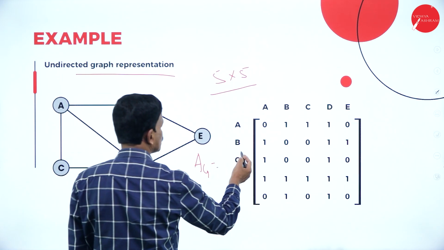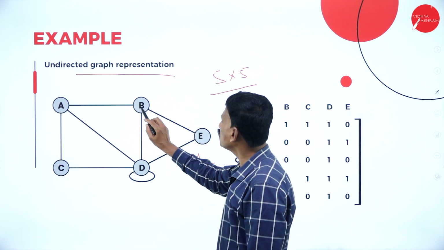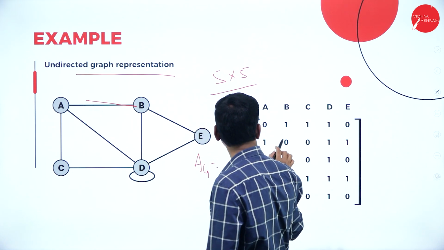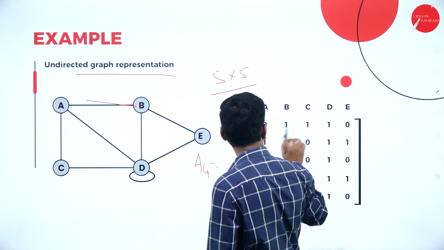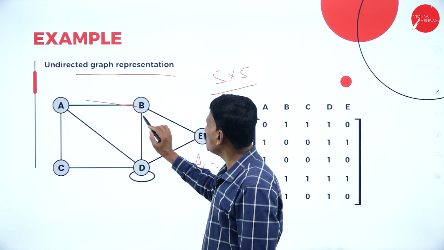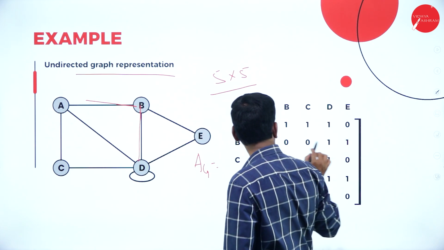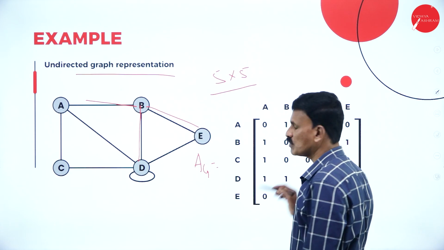Similarly, if you come to the second row, B to A it is 1, B to B it is 0, B to C it is also 0, B to D it is 1, and B to E it is 1.